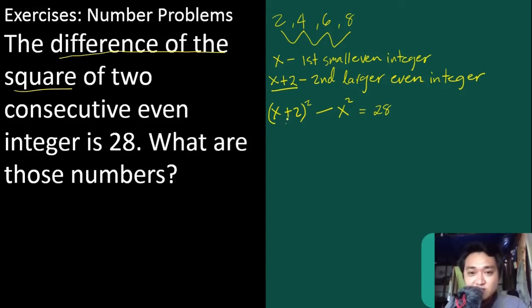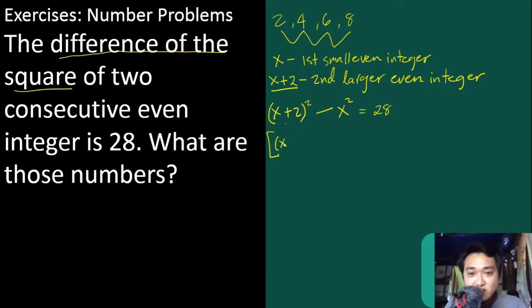So, if you're going to solve for this expression, mapapansin nyo, it follows the difference of two squares. And we could actually factor this out by simply, we're going to use bracket, ano?